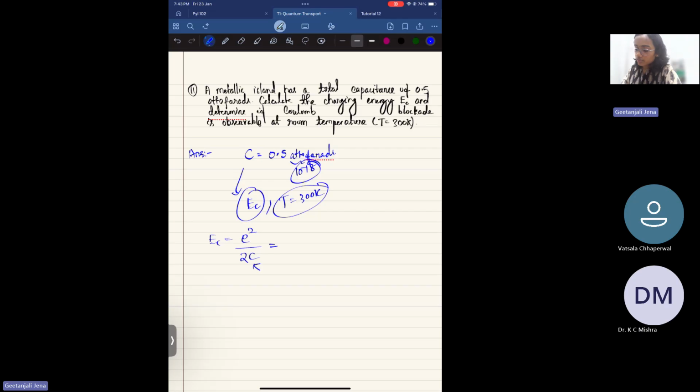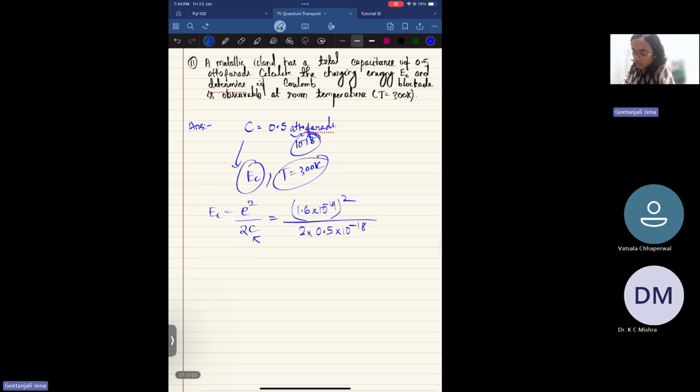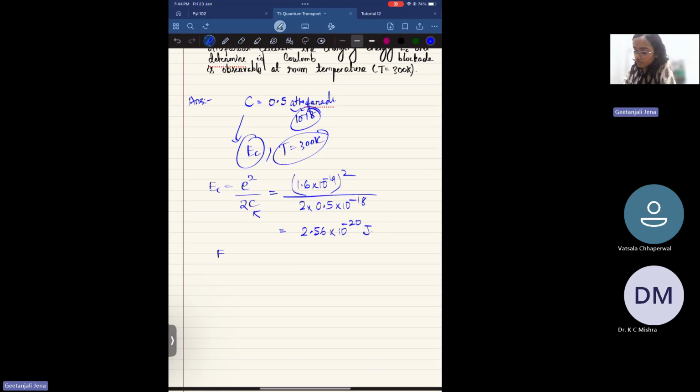C is given. e we already know is 1.6 into 10 to the minus 19, divided by 2 times 0.5 into 10 to the minus 18. This will be 2.56 into 10 to the minus 20 joule. In electron volt, what you have to do is just divide it by 1.6 into 10 to the minus 19.